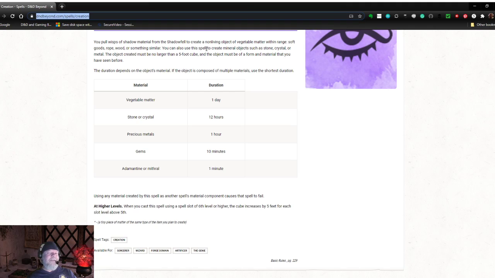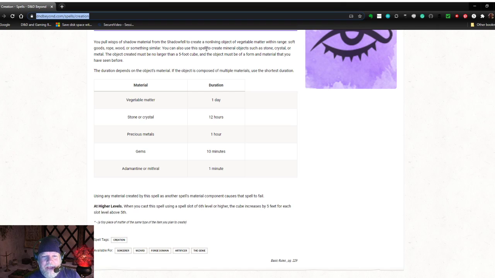Well, if you think about a rope being coiled around, you could have a lot of coils of rope in 5 feet around, and then depending on how many spools around you want that to be, whether you want to start with a very tiny thing and then wrap it around itself, and then 5 feet high, you could create a lot of rope in a minute. And the rope will last for a day.